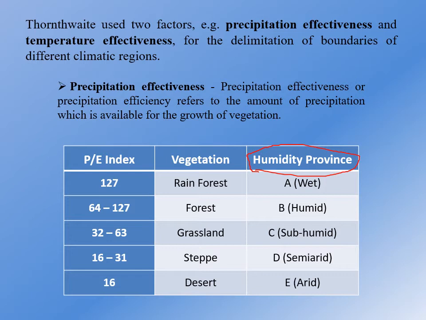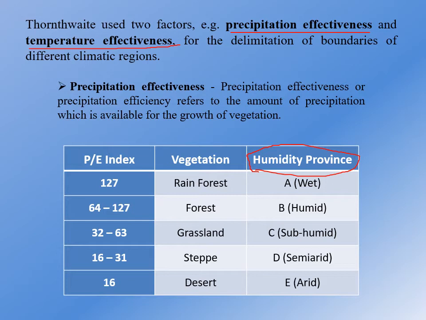So the effectiveness of precipitation is basically a function of precipitation and evaporation, and this precipitation effectiveness is calculated by dividing the monthly precipitation by the monthly evaporation.